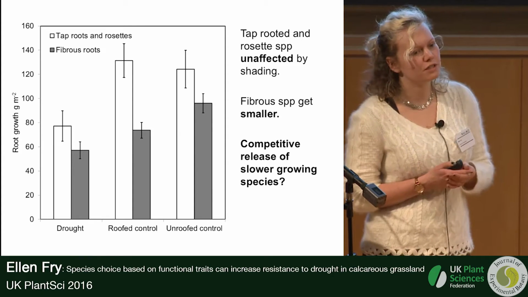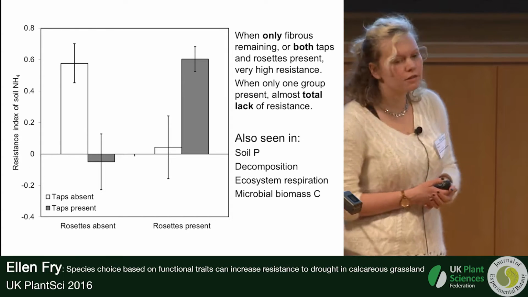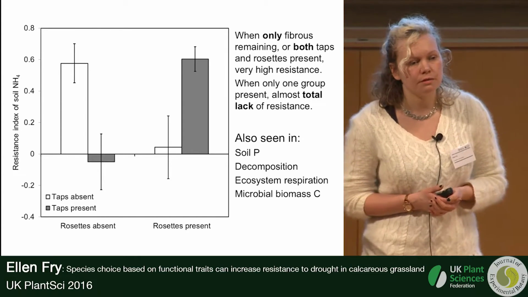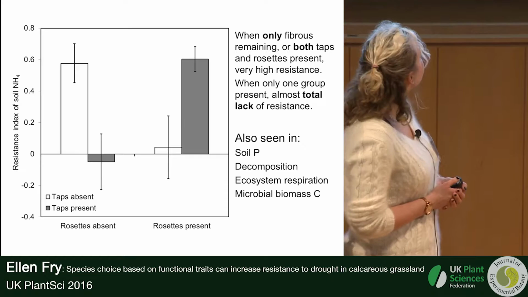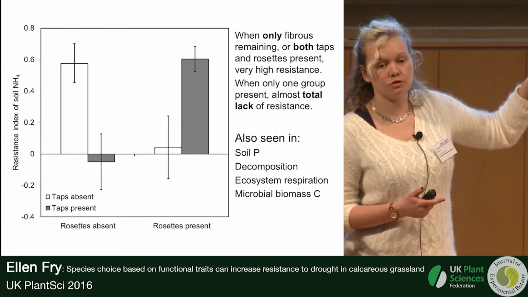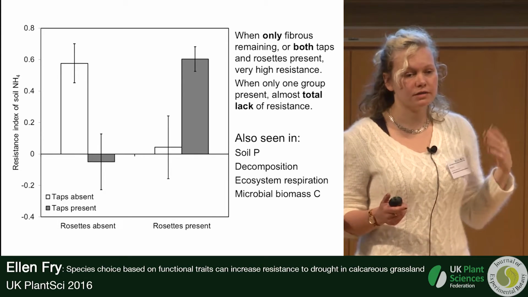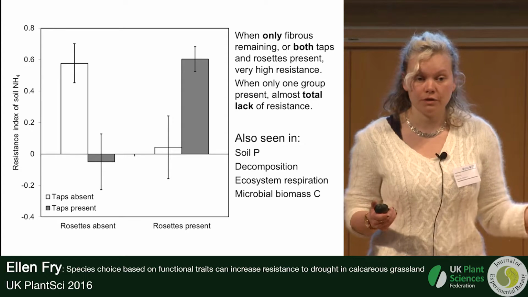So I've come up with one potential question why that could be. So then I calculated resistance metrics, and if you get a value of 1, it means there's absolutely no change compared to the control. If you get a value of 0, it's 100% change from the control.